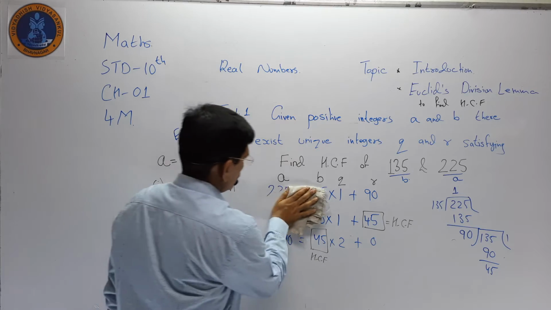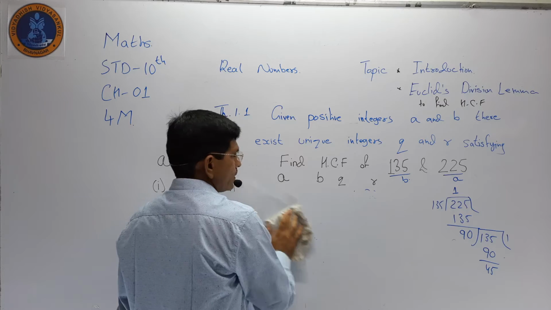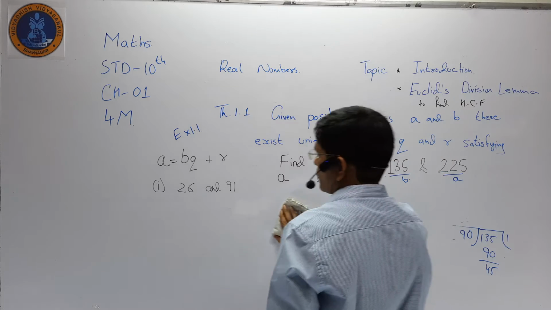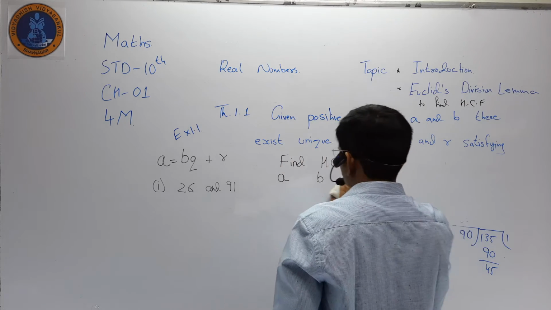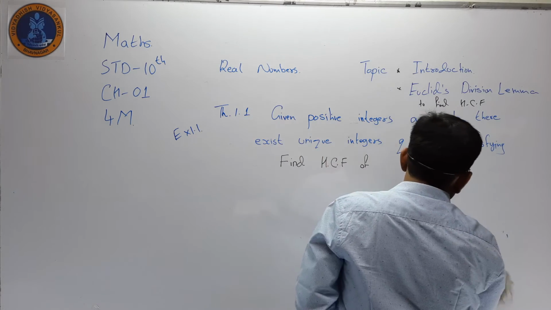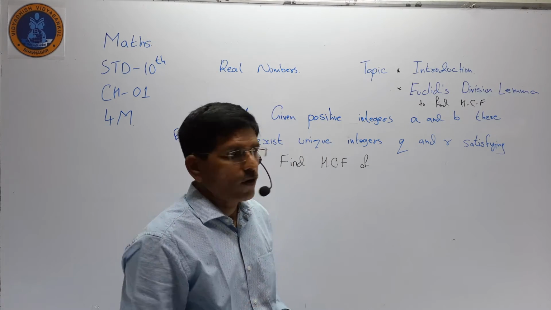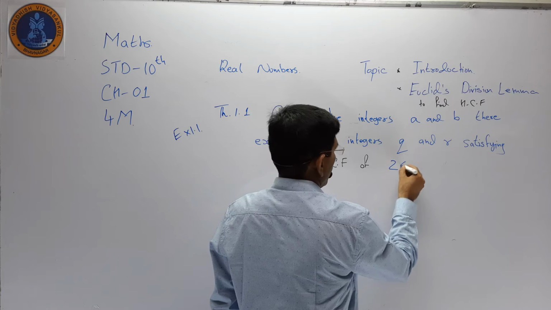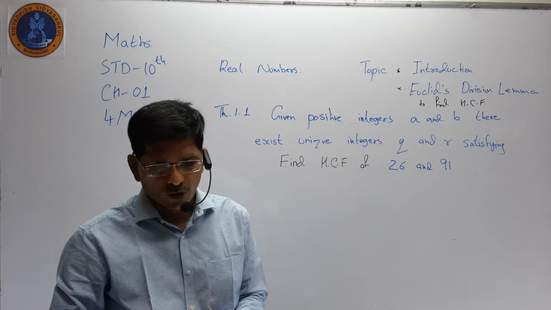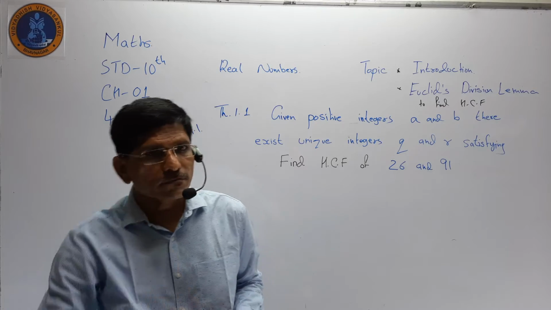Let me do again by the same method, that is Euclid algorithm method. Again I have to divide. So I have to write it here. Question is find HCF of 26 and 91.